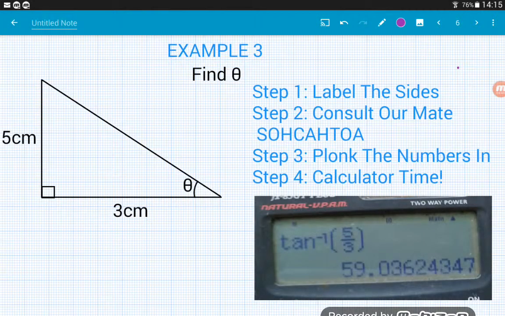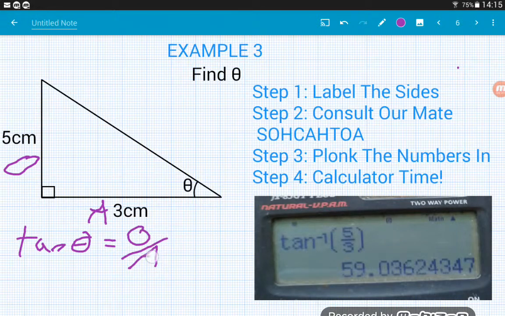Okay, Example 3. So label our sides. So the 5 over here on the left is going to be the opposite, and the 3 down here is going to be the adjacent. Now, so, no SOH, no CAH, TOA, it's TOA then, it's tan. So TOA tells us that tan theta is equal to the opposite over the adjacent.